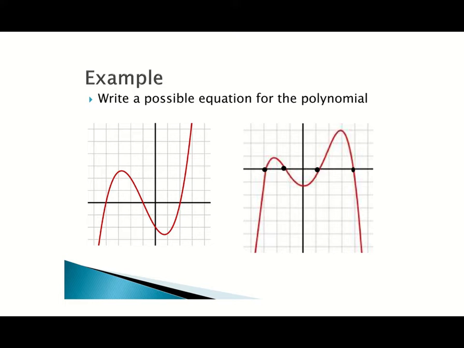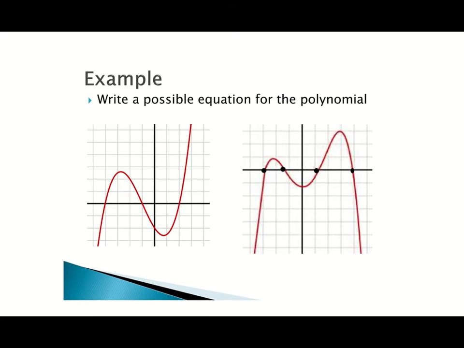So if I identify what those are, here is my first 0, and that's at x equals negative 4. Here I have a 0 at x equals negative 1, and here I have a 0 at x equals 2.